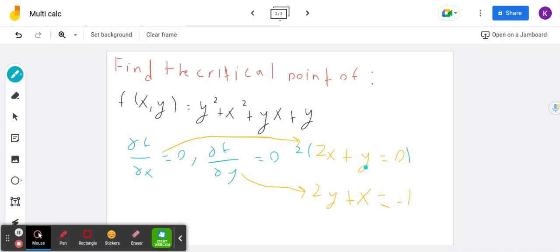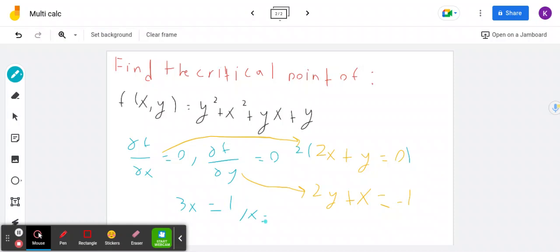And if we subtract the two equations, the 2y and 2y go out, and we get just 3x is equal to 0 minus 1, which is 1. So basically x equals 1/3.